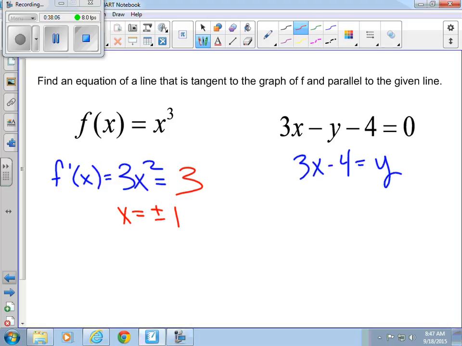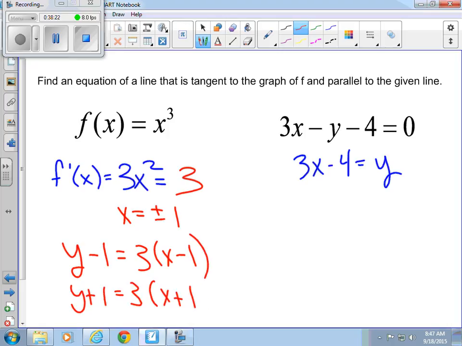And then could I find the y values of those two things? So I actually have 2 answers on this. y minus 1 equals 3 times x minus 1. And y plus 1 equals 3 times x plus 1. So those are the 2 tangent lines that are parallel to that one. So there are 2 of them on this particular problem.